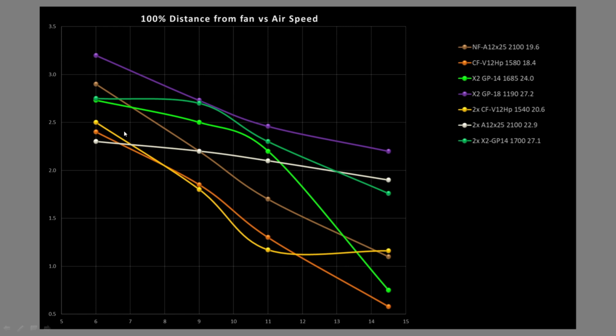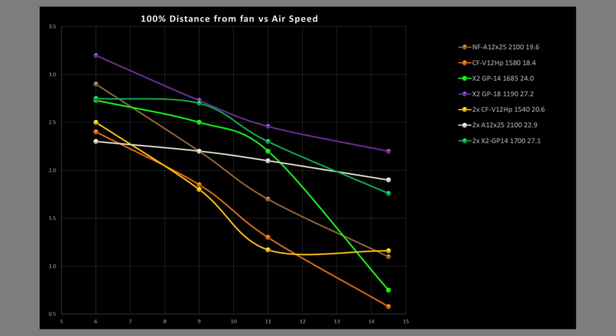Next, we have, ironically, the two A12X25 spinning at 2,100 RPM and 22.9 decibels. The one by itself does spike higher once again. I'm not sure why the two black ones I had from my knock to a cooler weren't pushing quite as much air at the shorter distances, but this is the measurement that my anemometer got, and I tested a whole bunch of times.